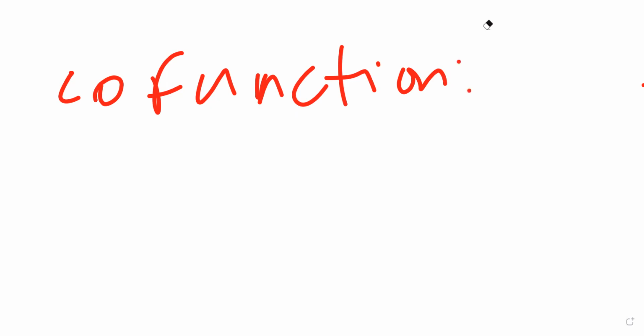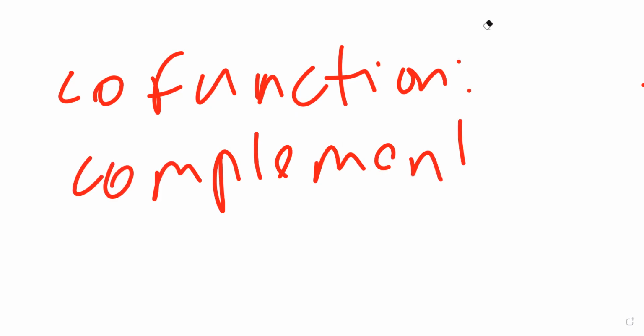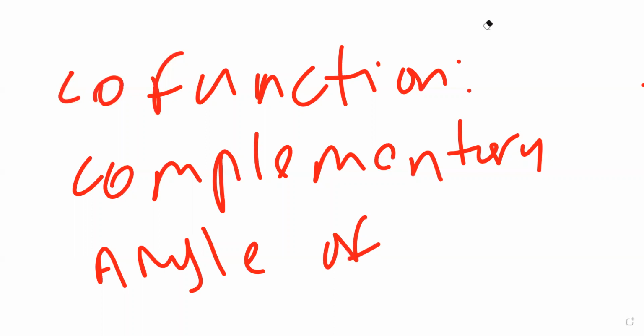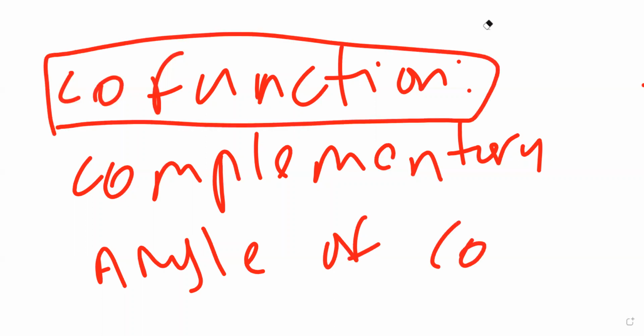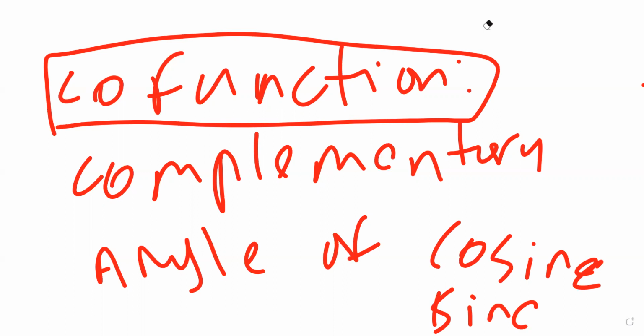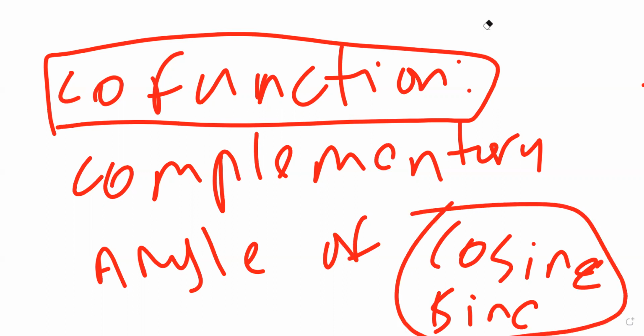And if you want to make this very specific, we could say complementary angles, using what the co-function is simply the cosine function and the sine function. So we're looking at the relationship between these two.